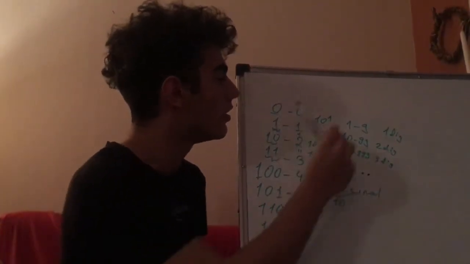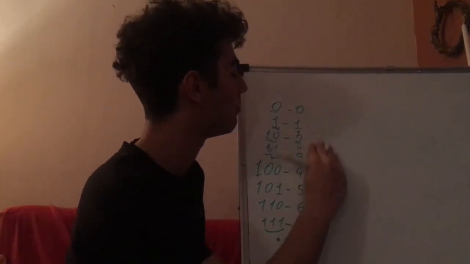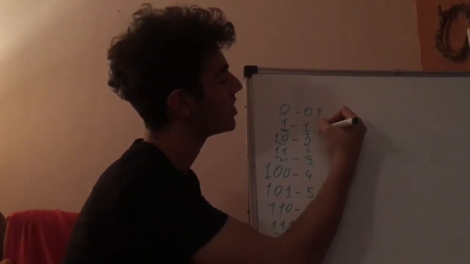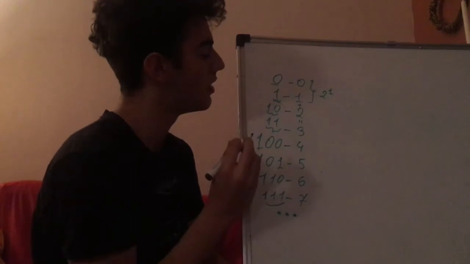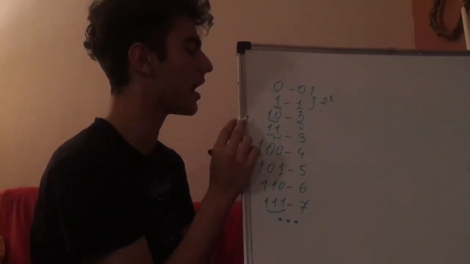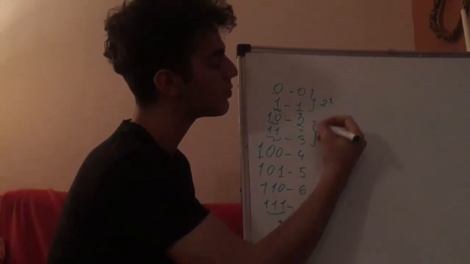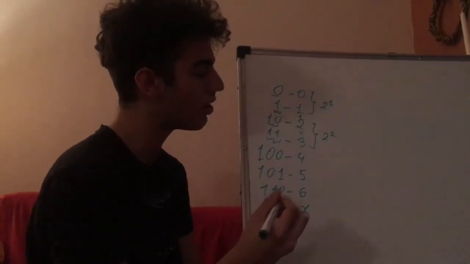Saw the power thingy with the decimals, right? So we can go with this with the binary system. So we have two numbers here which have one digit. So it goes like this. We have two more numbers that have two digits, which is 2 times 1 plus 2, which is 2 squared, 4.